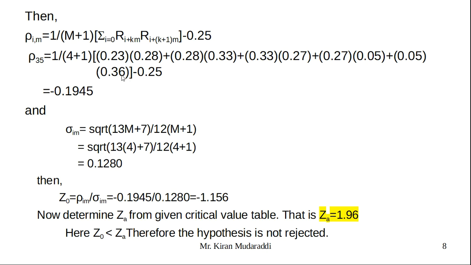Calculate using a calculator, and we will get the answer minus 0.1945. And this is my fourth step. And the fifth step is sigma. Sigma of i m is equal to the square root of (13m plus 7) divided by 12 into (m plus 1).